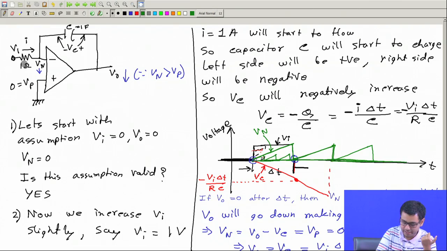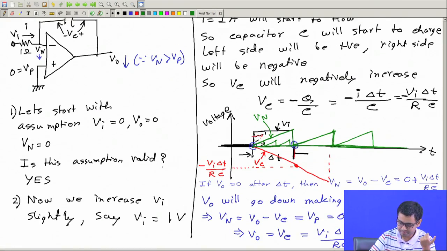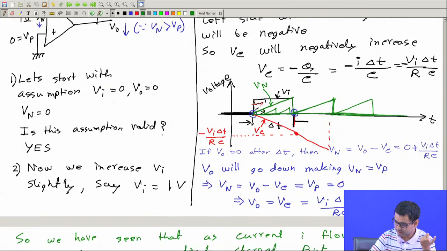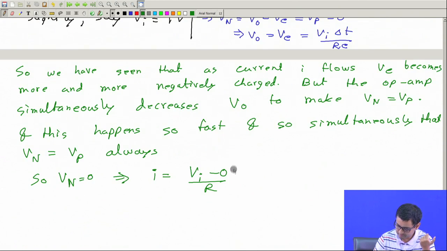This minus 0 by R, or 1 ohm. And this is the current, and this will imply that charge accumulated Q is Vi by R multiplied by delta T time.